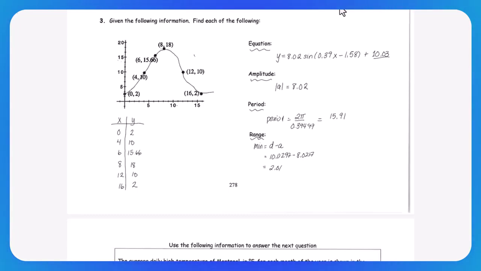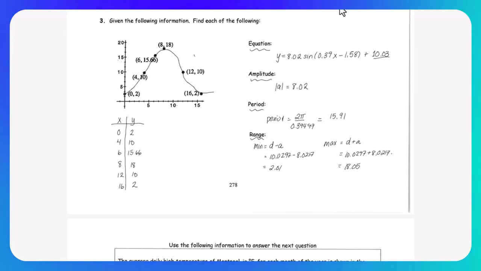The max, same thing, except we're going up instead of down. So D plus the A, and we get 10.0297 plus 8.0217, and rounded to 2 decimal places, we get 18.05.